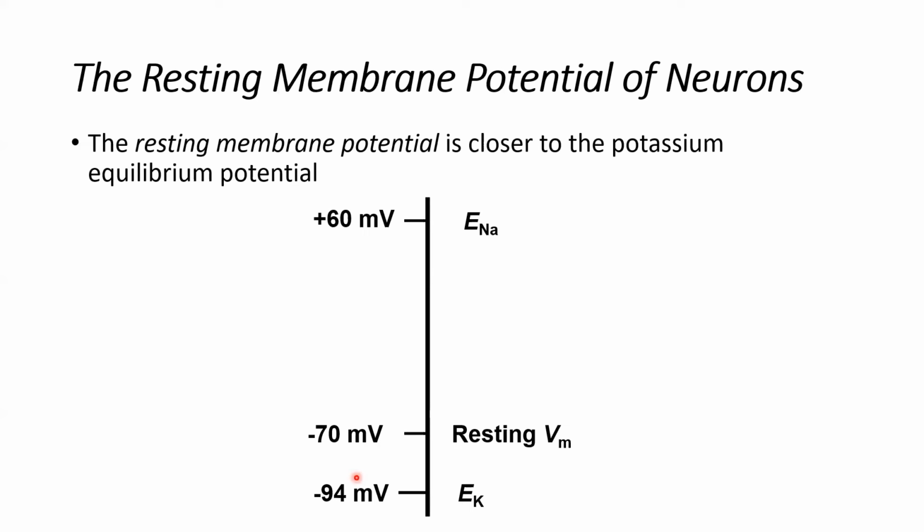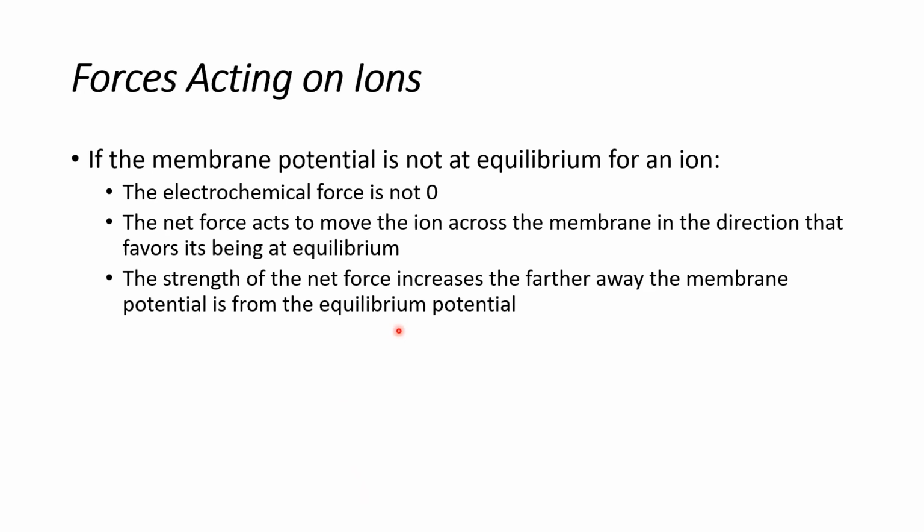So a different way to express that is to say that when the cell is at rest, there is a stronger push to move sodium because sodium's equilibrium potential is really far away from the resting membrane potential. But there is a weaker push to move potassium because potassium's equilibrium potential is relatively close to the resting membrane potential. All right.